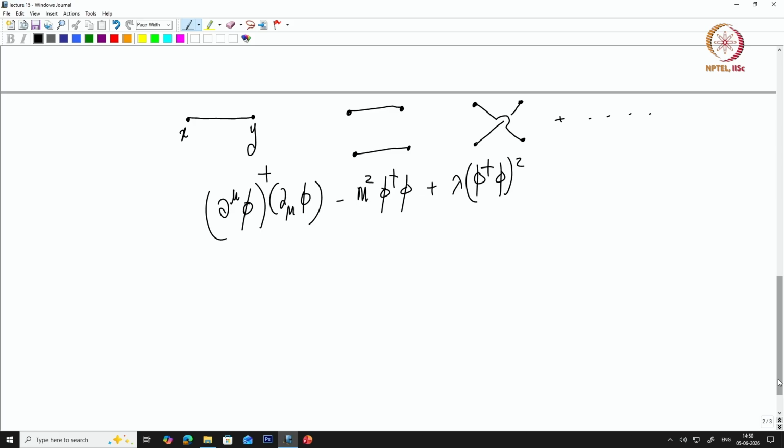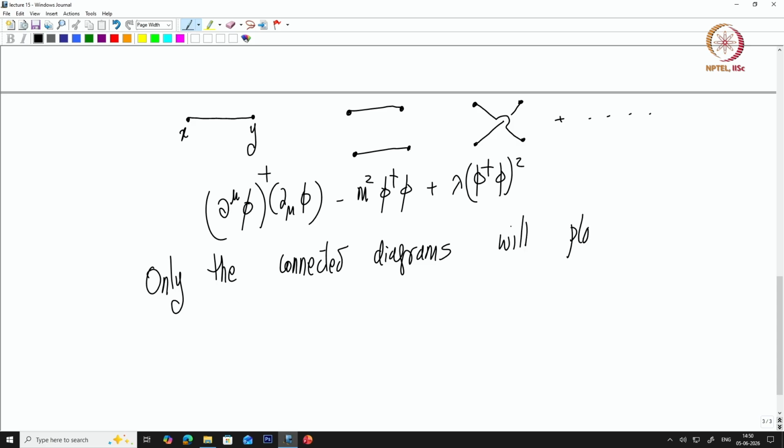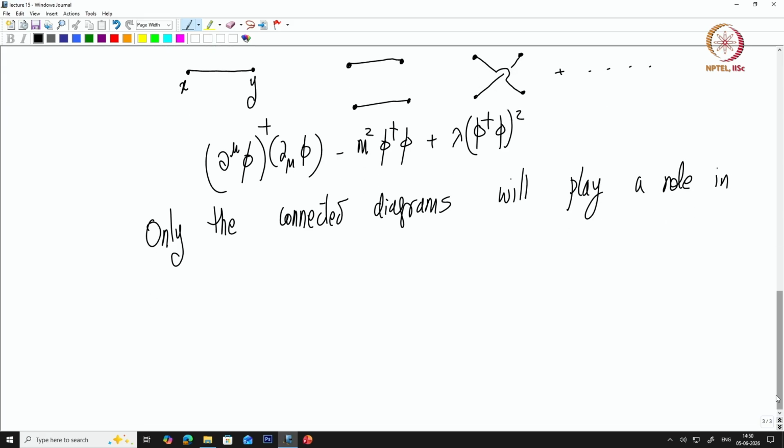All these contractions can be represented graphically in this particular fashion, and it will turn out that only the connected diagrams will play a role in computing the S matrix elements.